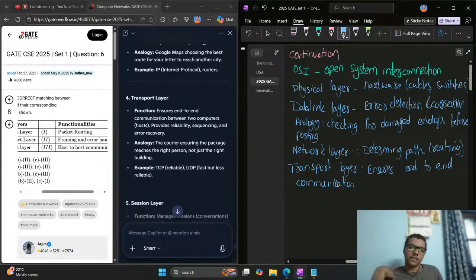IP is the king of the network layer. Example, TCP, Transmission Control Protocol, UDP. The full form of UDP. Analogy: ensure the inquiry reached.